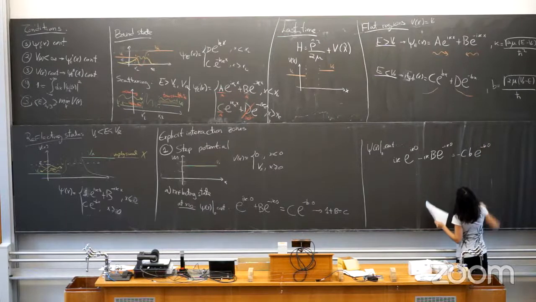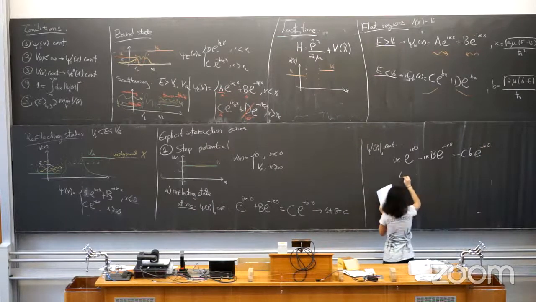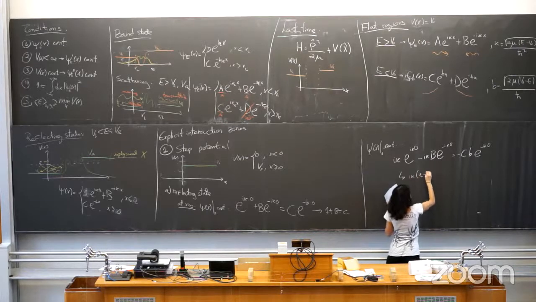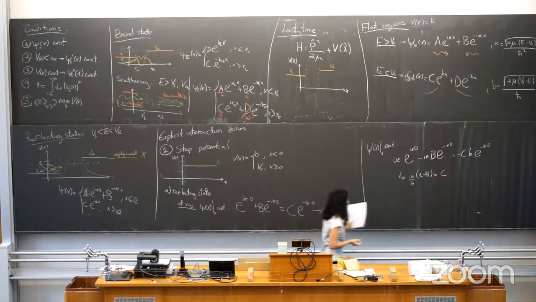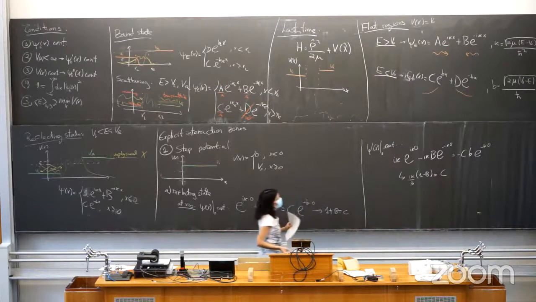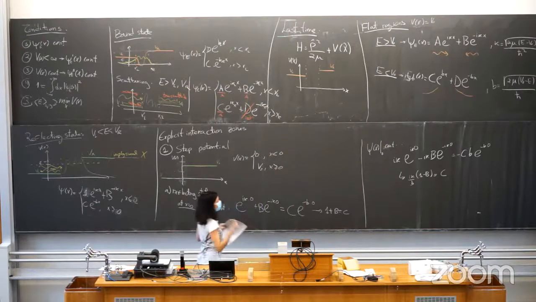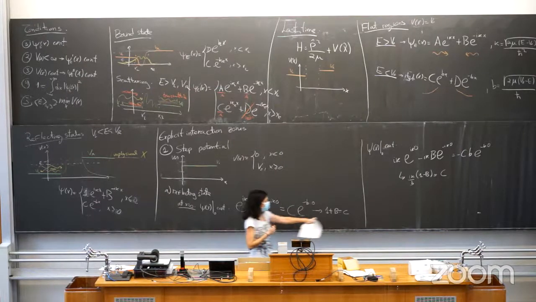To write this a bit neater, you get ik times (1 minus b) equals minus κ c. So now, look, how many variables do we have? We only have 2 variables, b and c, and we have 2 equations. And this is going to be the trick always.